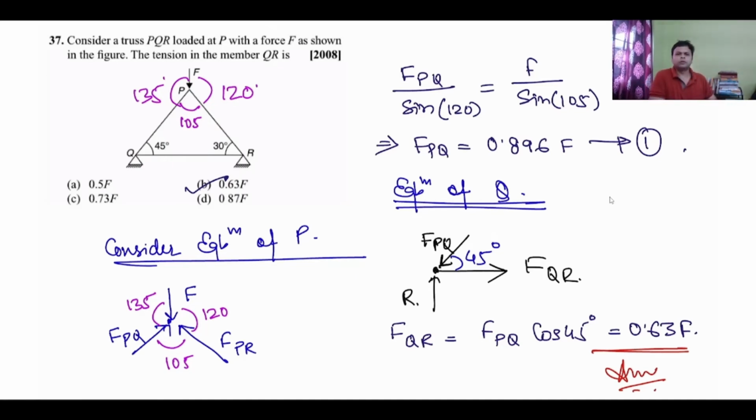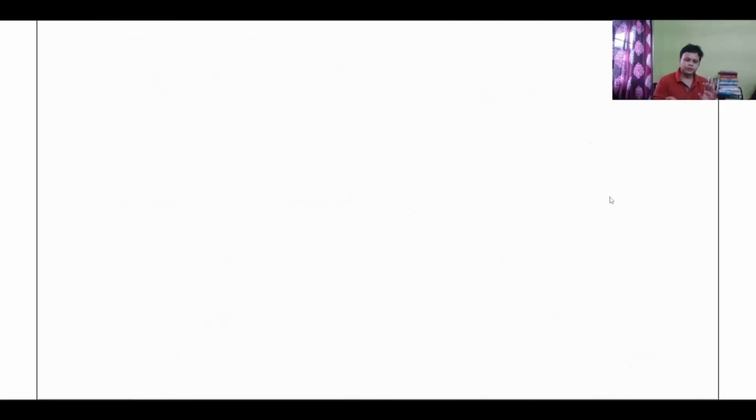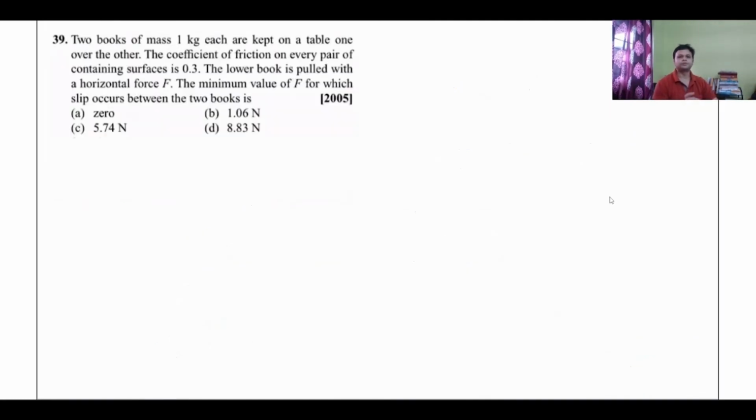So similar kind of questions you will get multiple times, so try to understand this. There are two steps undoubtedly, but if you know it, it's a very, very simple question. If you are not making any calculation mistake, there are no chances that you are unable to solve this question. Okay, question number 39.